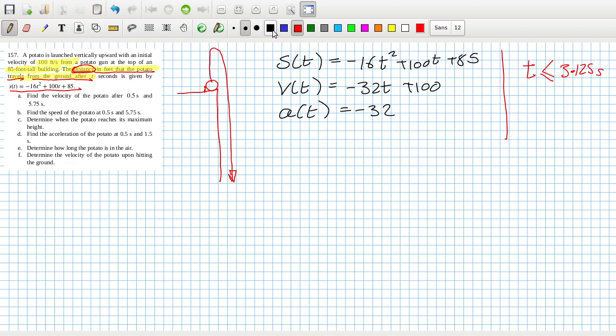Let's see what happens in the question though. Okay, we're already straight into the first problem. So that definitely should say position.